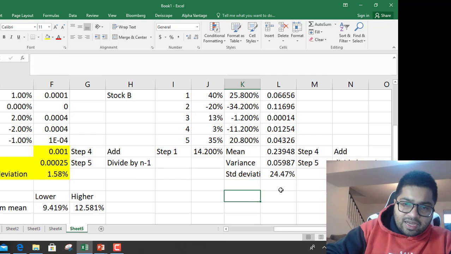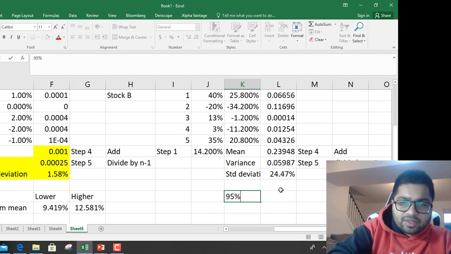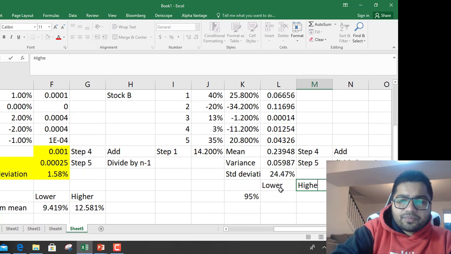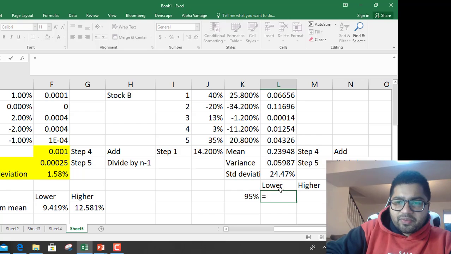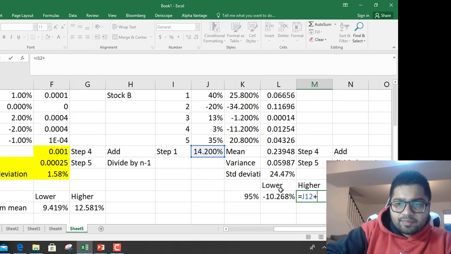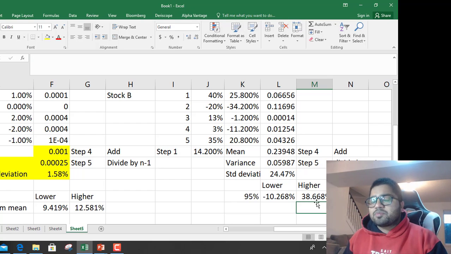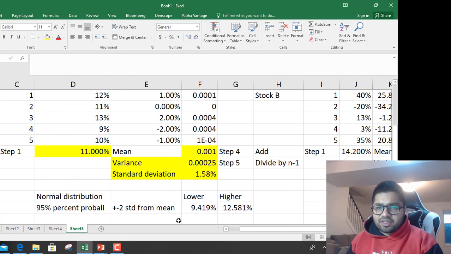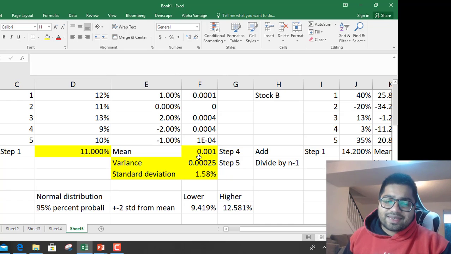Our 95% probability rule says this stock 95% of the time will have annual returns between 14 minus 24 and 14 plus 24. So the range is much wider. Annual returns can fluctuate with 95% probability between minus 10% to 38%, whereas here they fluctuate between 9.4% to 12%. So this stock is much more stable.